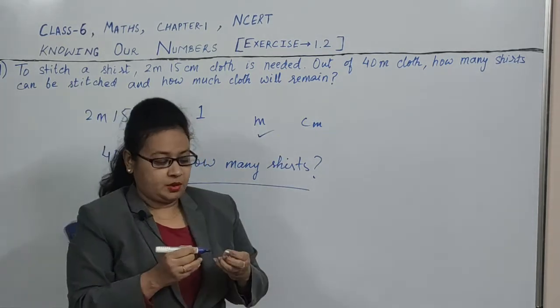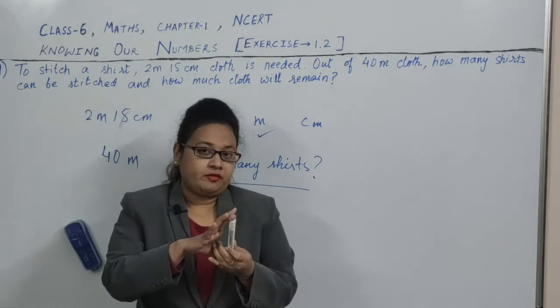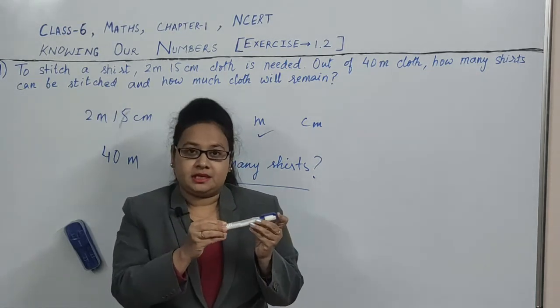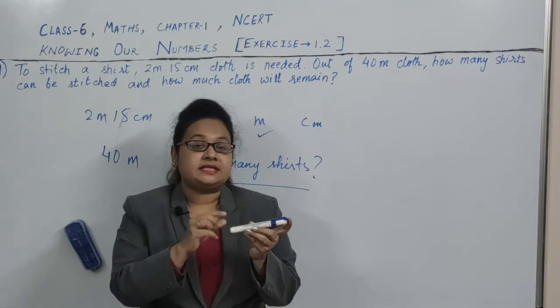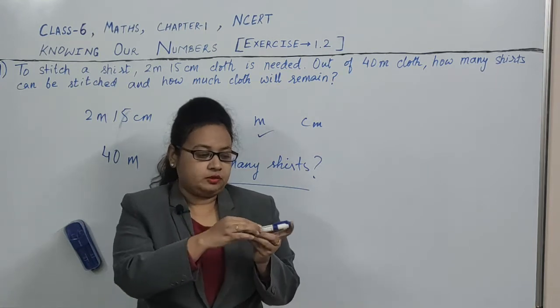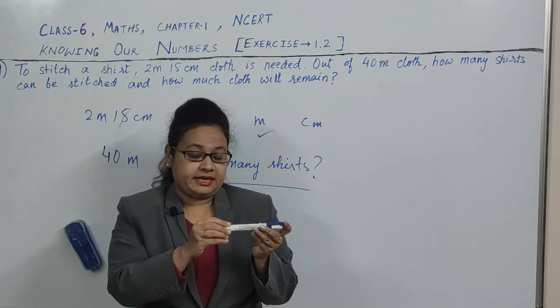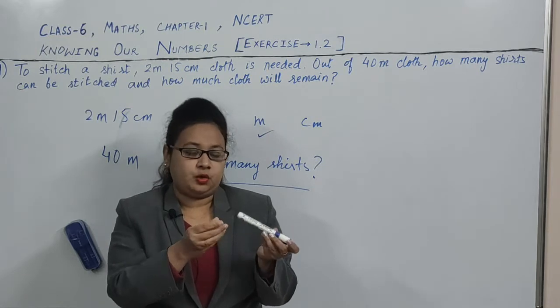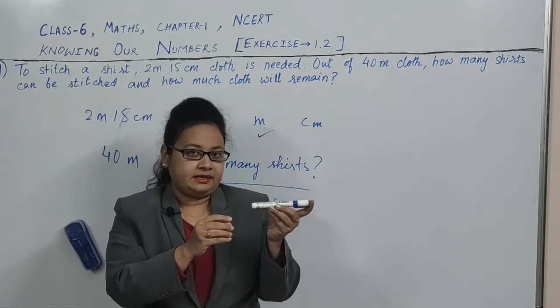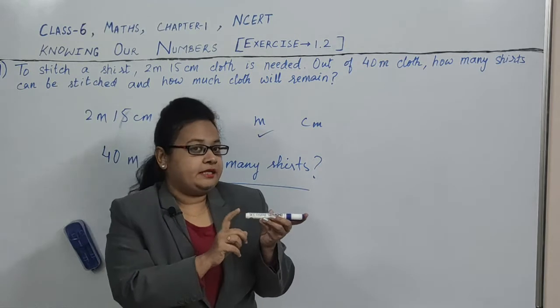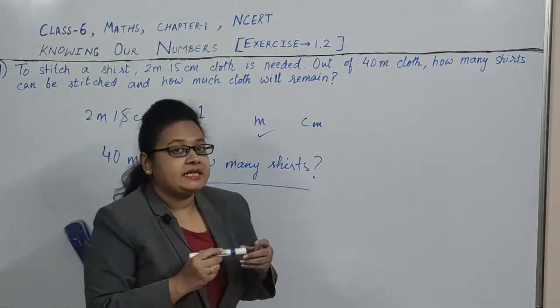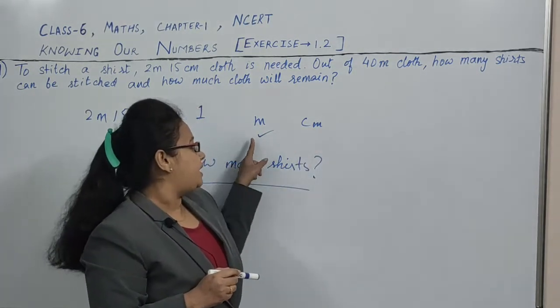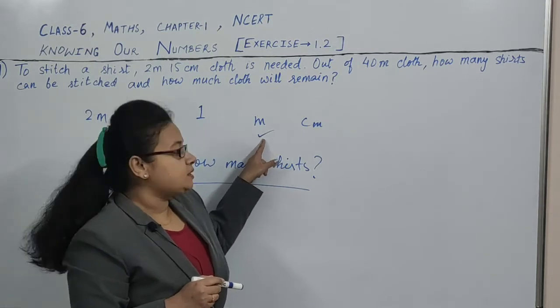When we have to measure only small things, like the length of this pen, then we use centimeter, because centimeter is a small unit. Its length will be around 10 centimeters. So to measure small things we use centimeter, and to measure long things we use meters.